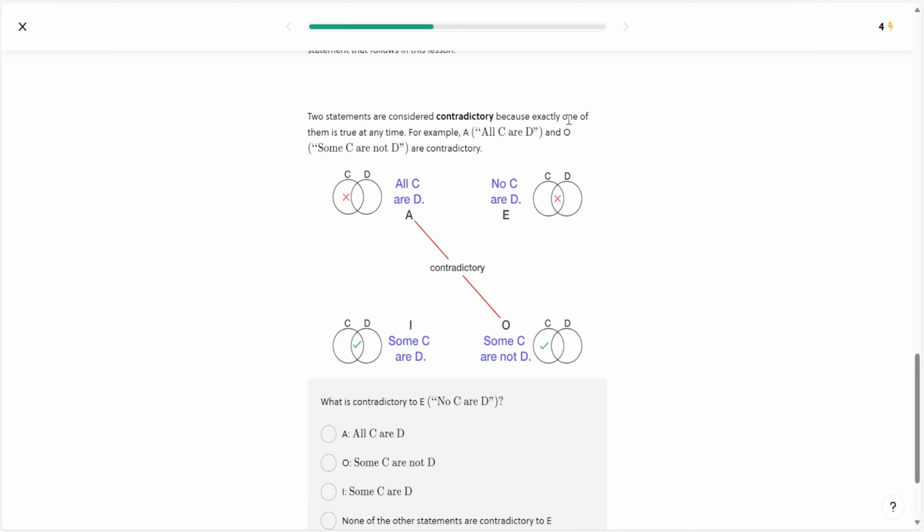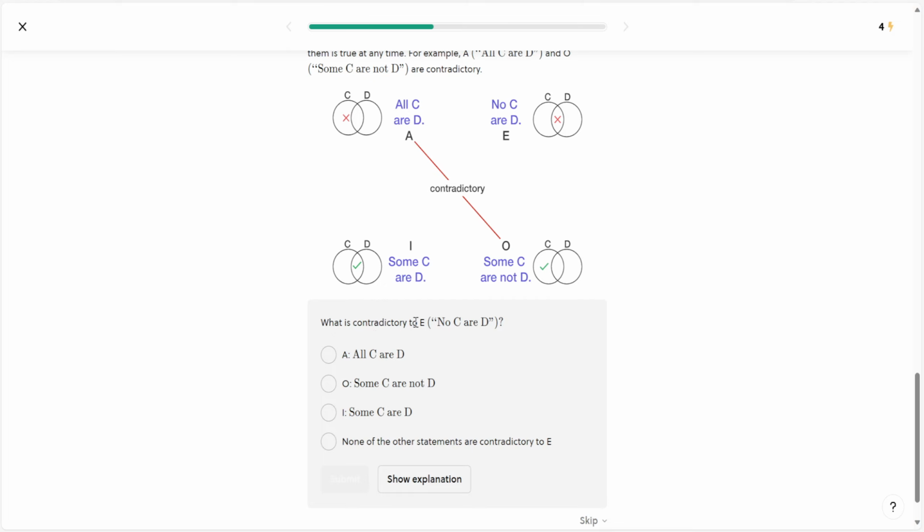So the other one can't be true. For example, A, all C are D, and O, some C are not D, are contradictory because all C are D, some C are not D, so they contradict.